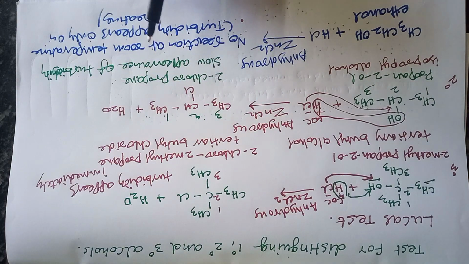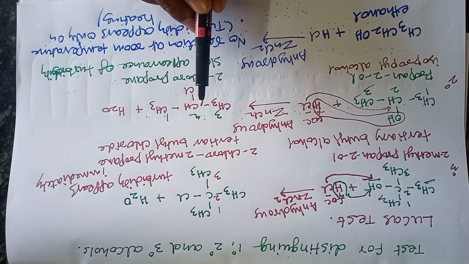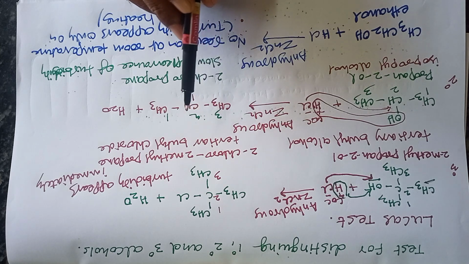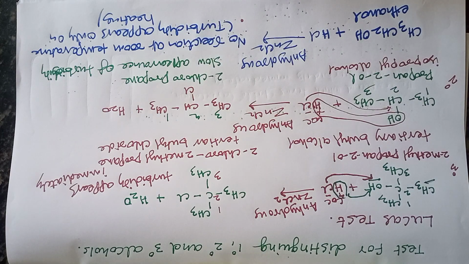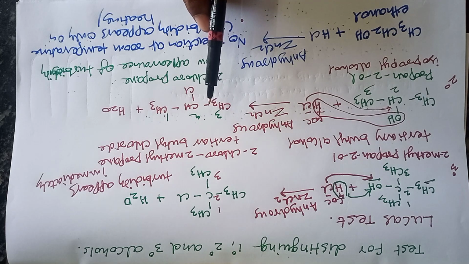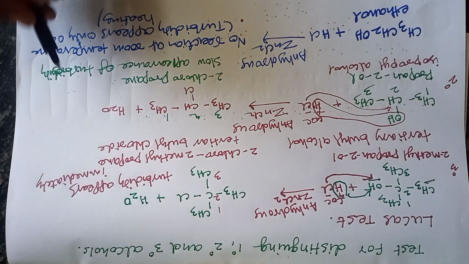What is a Lucas reagent? It's very important as a 1 mark question, NEET oriented. In a 1 mark question, they will ask which one of the following is Lucas reagent. The mixture of conc. HCl and anhydrous zinc chloride is called Lucas reagent. What is the reason for the appearance of turbidity? Due to the formation of alkyl halide. Why does tertiary alcohol form turbidity immediately? Because tertiary alcohol forms a stable carbocation.